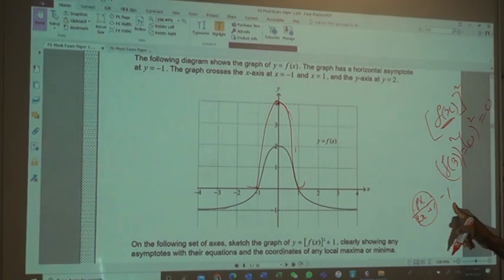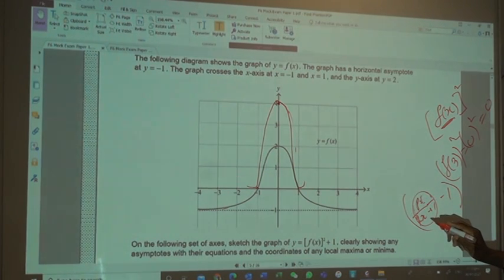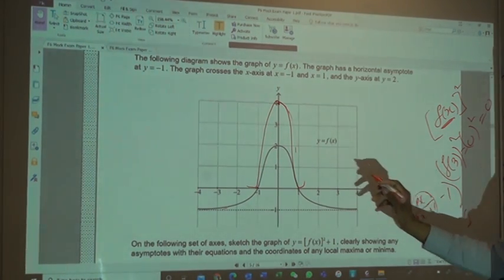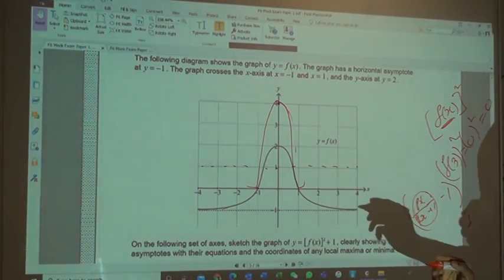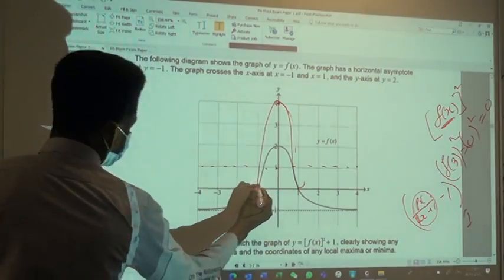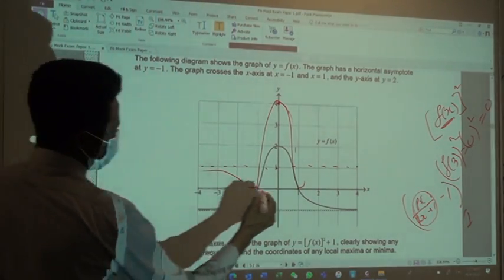Are you getting my point? So if you still square the function, all this will contain the x again. And this will end up giving you -1 times -1, which is +1. So which means for the square function, the asymptote will be here. So as it turns, it goes like that.